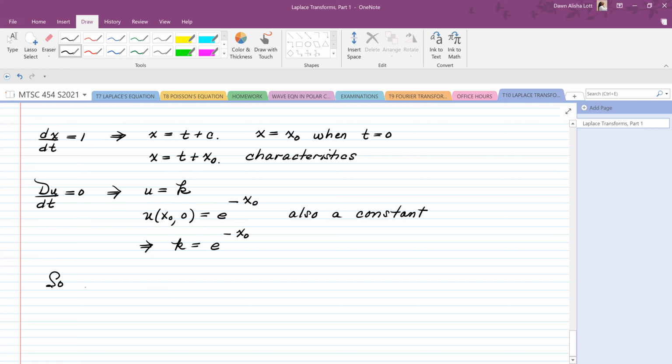So we get u of x and t is e to the minus x naught. But that's e to the minus (x minus t). So we have a wave propagating to the right.